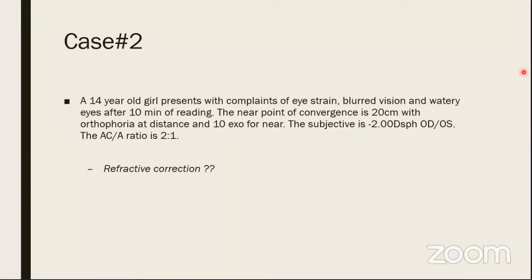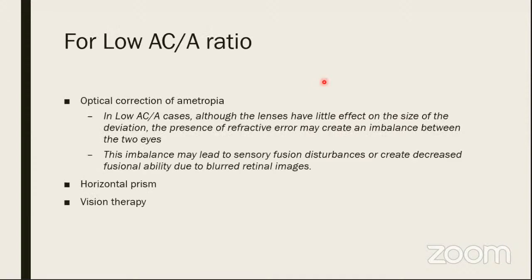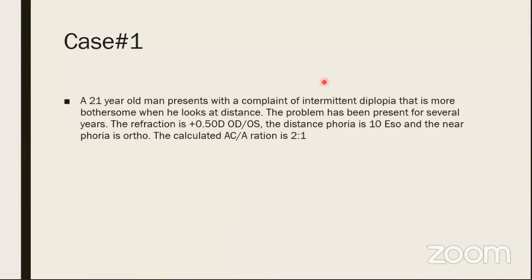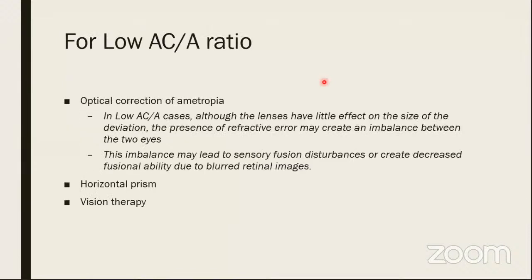We have to go for another approach, like using prisms or VT, as the mainstay treatment for patients with these kinds of problems. These were the two cases with low AC/A ratio: the low AC/A ratio mostly consists of convergence insufficiency and divergence insufficiency.